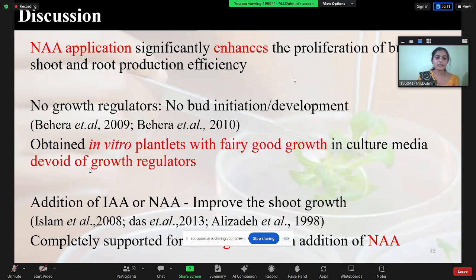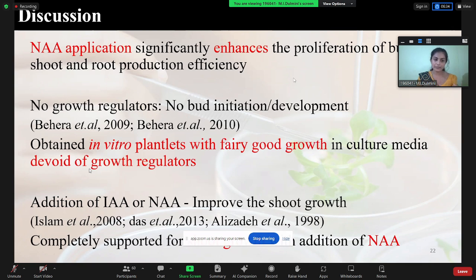Now, according to the results, we will come to the discussion part. According to the results, it is clear that NAA application significantly enhances the proliferation of buds, leaf, shoot, and root production efficiency. Previous findings mentioned that there was no bud initiation or development in the media without any growth regulators.